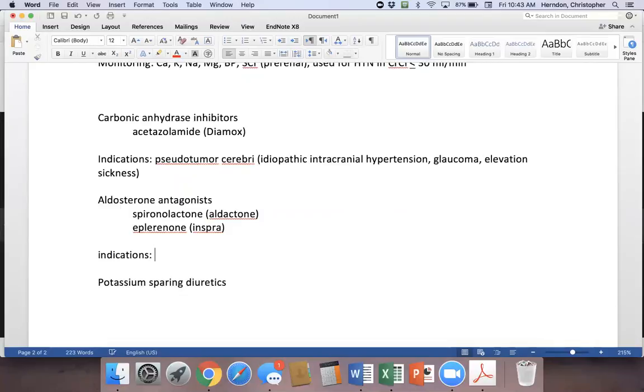Indications, when do we use them? Hypertension. What else? Heart failure. Thank you. When else? Monitoring. Okay, blood pressure, right? Do we need to go any deeper than that? What do these drugs do in dudes?